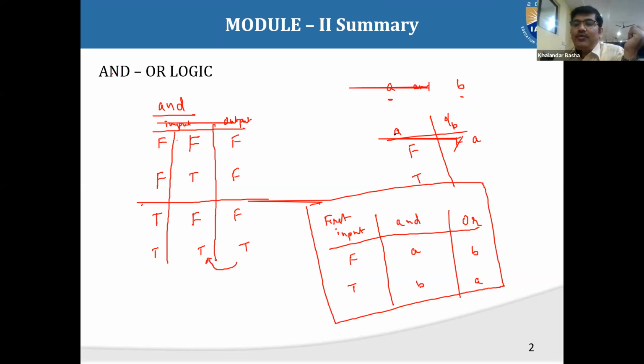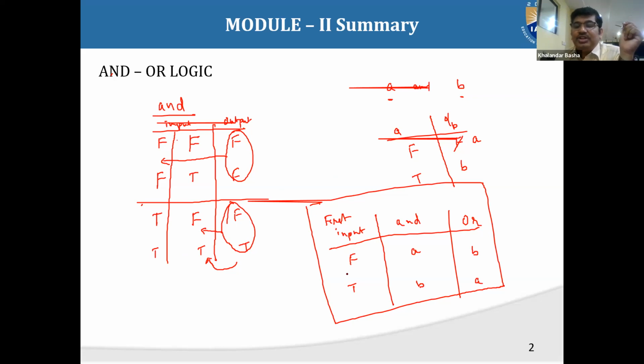So when A is true, the output is B. When A is false, in these two cases, you can check it is following A. When A is true, the output is following the second input, that is B. So I am taking the first input as A, the second input as B.